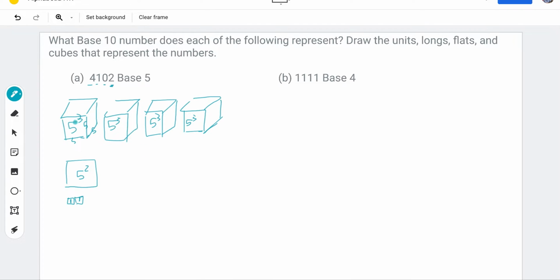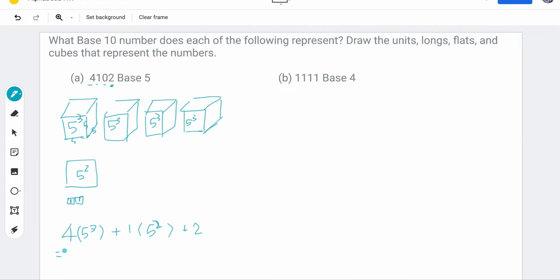So we can add these together to change base 5 to base 10. So we have 4 cubes, each 5 cubed units, and we have 1 flat, and in each flat you have 5 squared units, and you have 2 units.